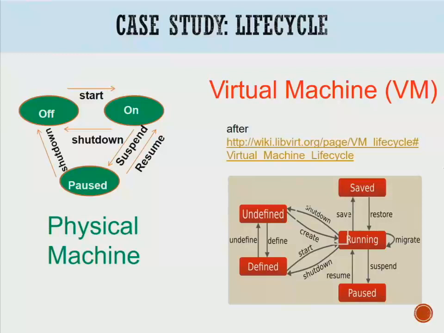And when you do the coursework, you will understand that you can do many operations with your virtual machine or the container, including saving, restoring, suspending, resuming. Even Docker gives you an interface to migrate your running container instance from one host to another host.